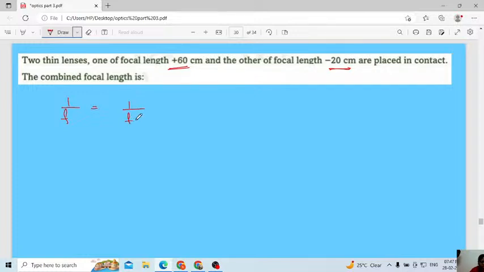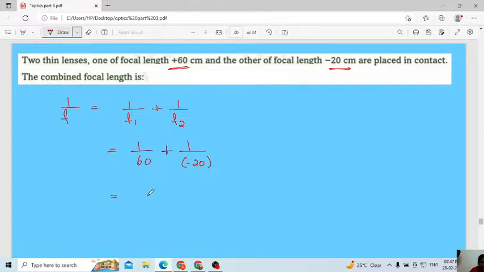Focal length also, always consider the reciprocal. Directly you can't add the focal length like f1 plus f2. No, this is the formula. Consider the reciprocal. Then this one is 1 by 60 minus 1 by 20. Why minus? Here plus, here minus 20.